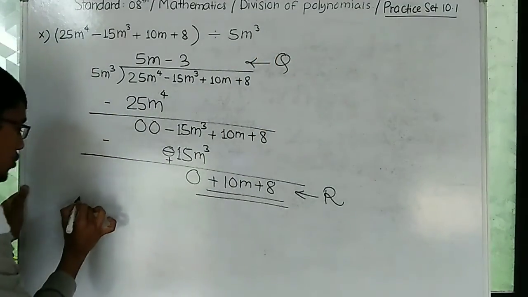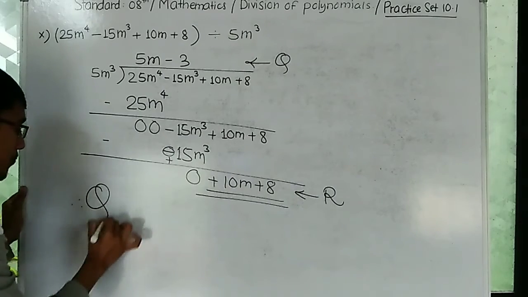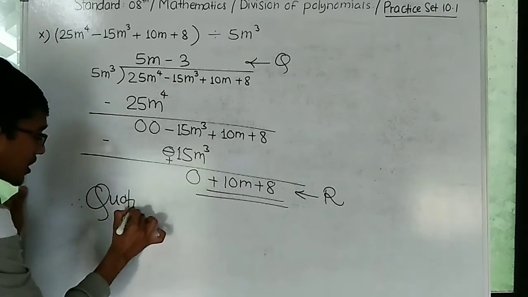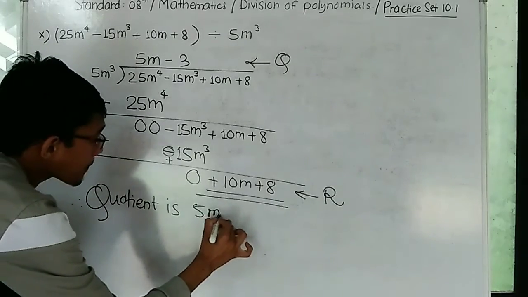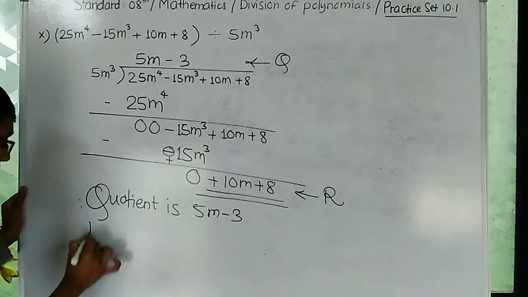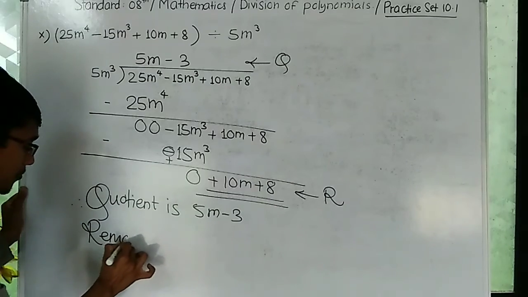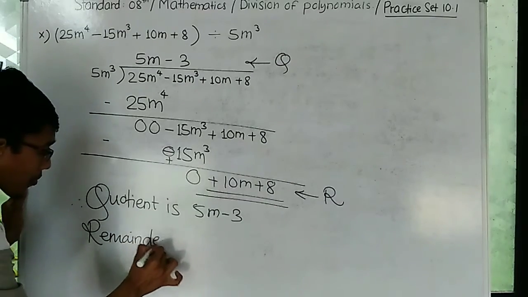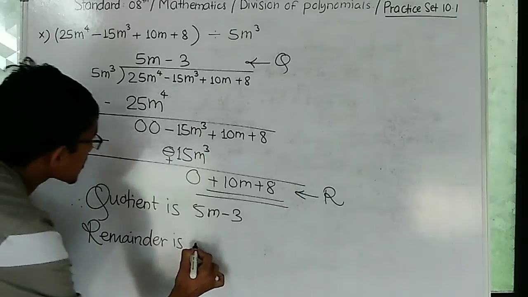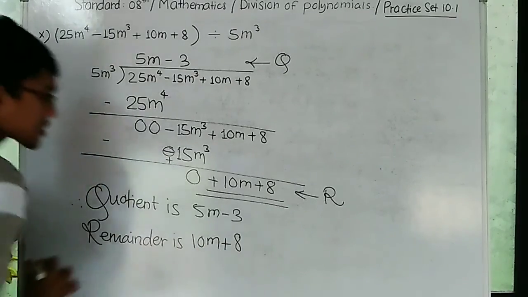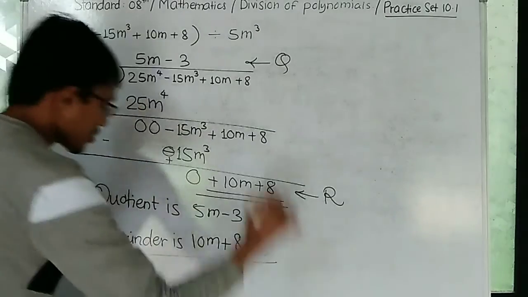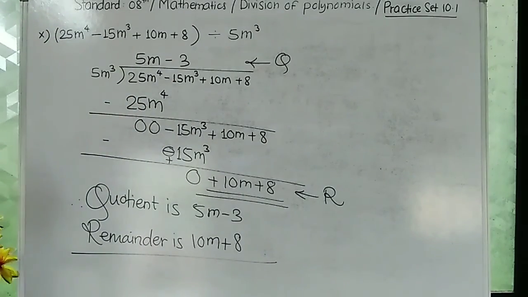Okay, so at the end we can write, therefore, quotient is 5m minus 3 and the remainder is 10m plus 8. Okay, so this is the required solution for this sub question.